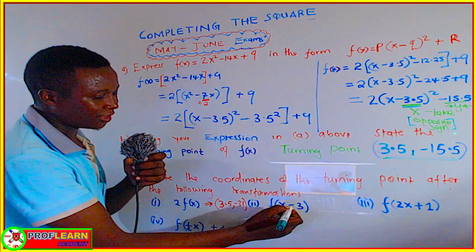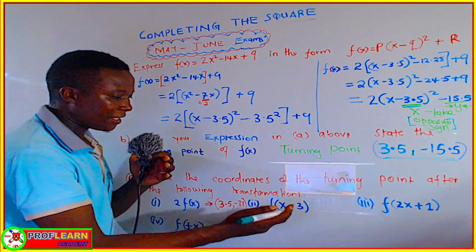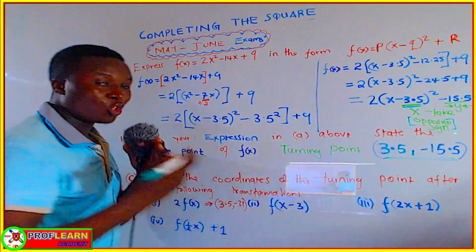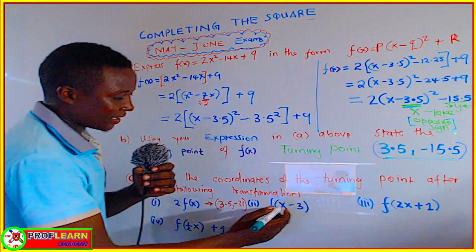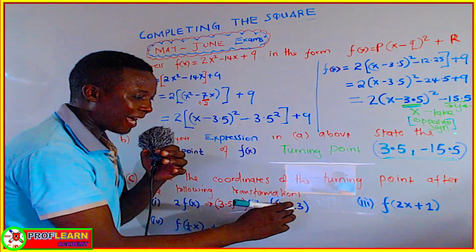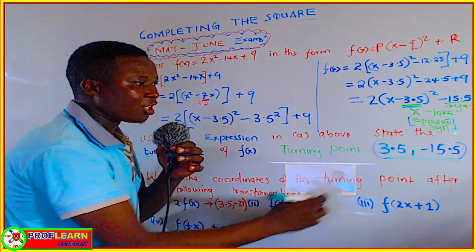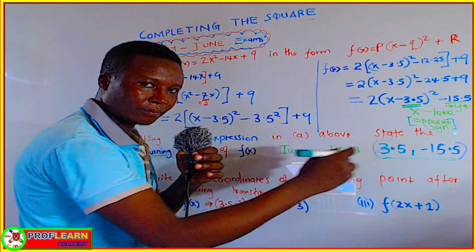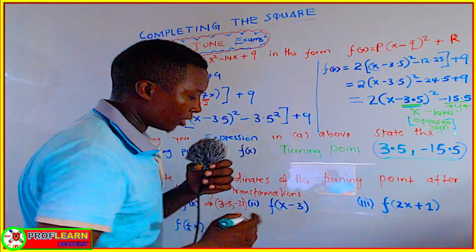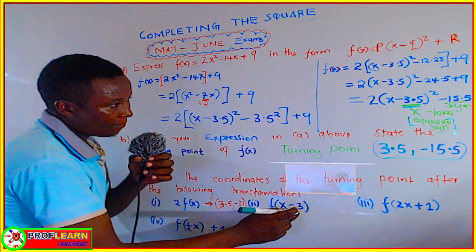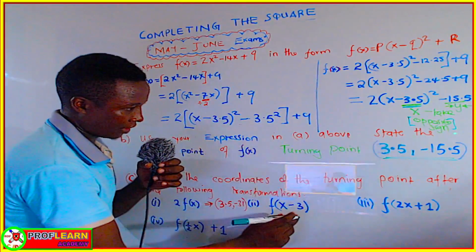So this transformation is going to affect the x coordinate only. The y coordinate is going to remain the way it is. But whenever you perform this transformation, instead of subtracting 3, you are going to add 3 to the x coordinate. I believe we are together. So our x is 3.5.